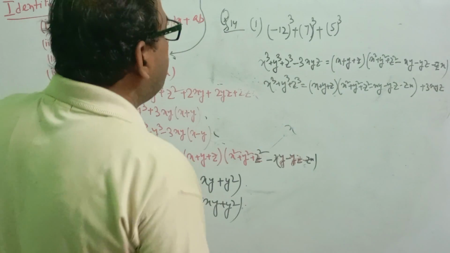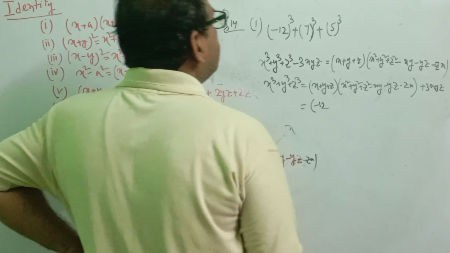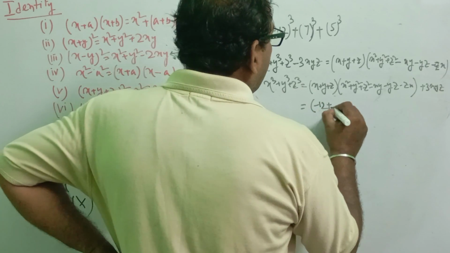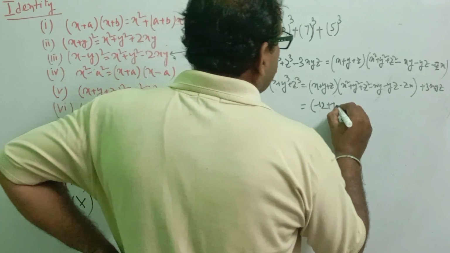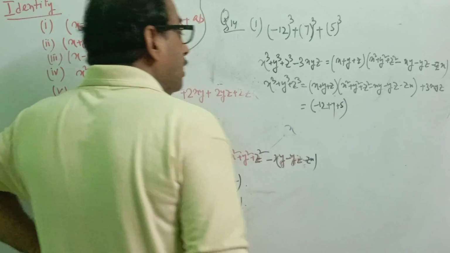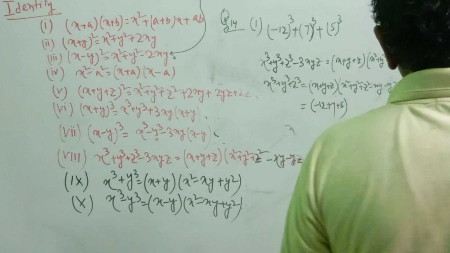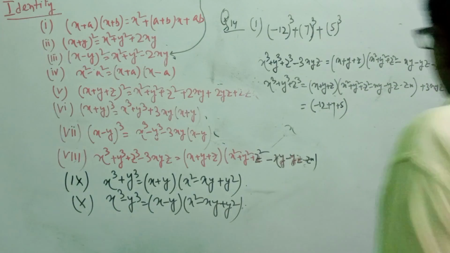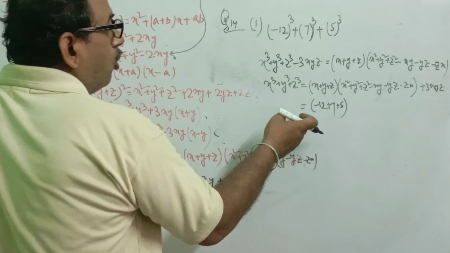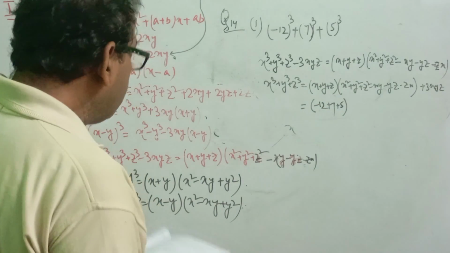Now what is the value of x? Minus 12. What is the value of y? Plus 7. And z is plus 5. Very carefully, we can't put the other values because automatically we say that x plus y plus z will be 0.